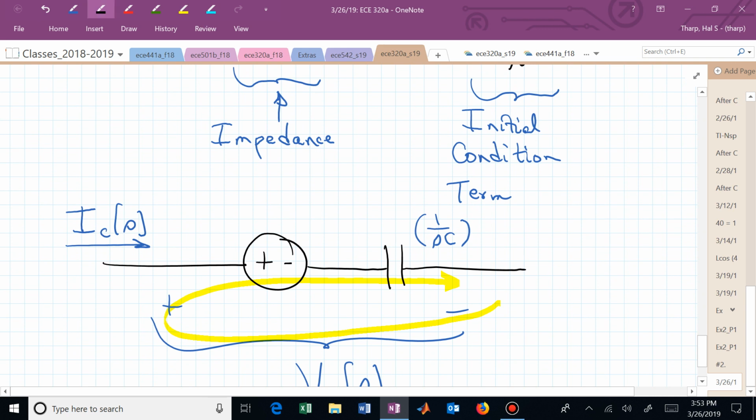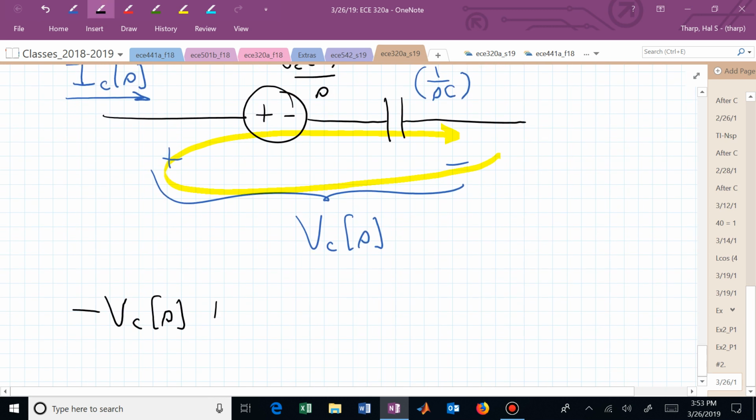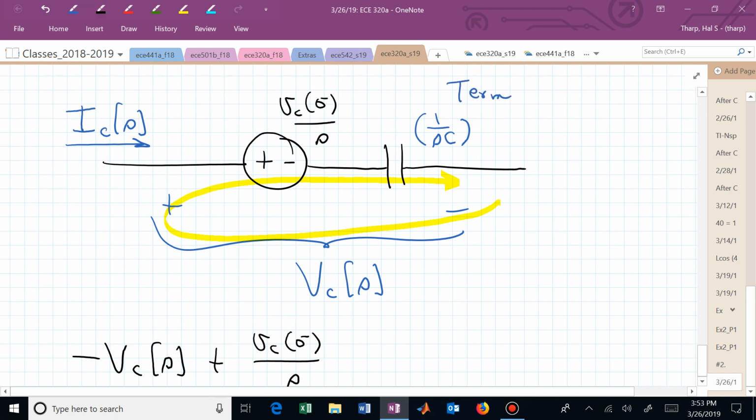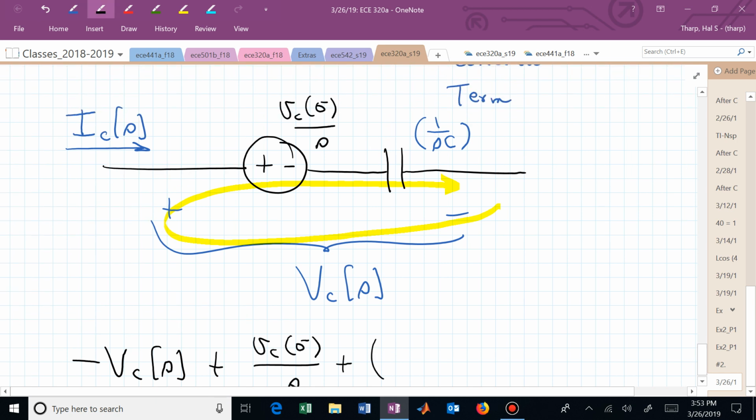Let's say this is plus minus, and this is V sub C of 0 minus over S. That's now plus V sub C of 0 minus over S plus 1 over SC I sub C of S, and then we're back where we started.